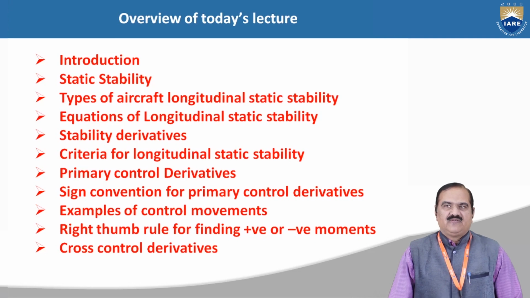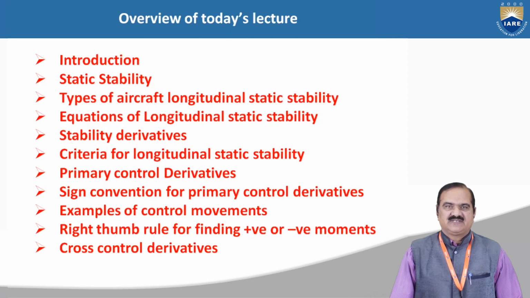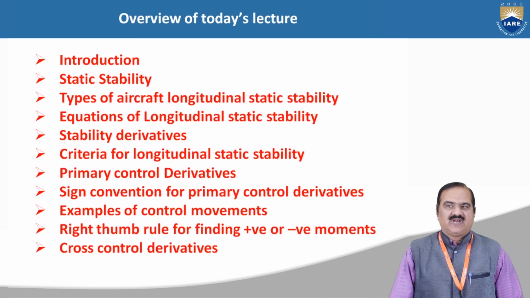The brief overview of today's lecture is, I will first cover the introduction, then a basic definition of static stability, then types of aircraft longitudinal static stability, equations of longitudinal static stability, stability derivatives, criteria for longitudinal static stability, primary control derivatives, sign convention for primary control derivatives, examples of control moments, the right thumb rule for finding positive and negative moments, and cross control derivatives.